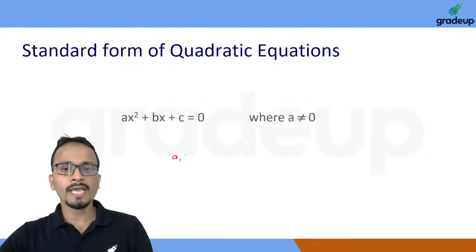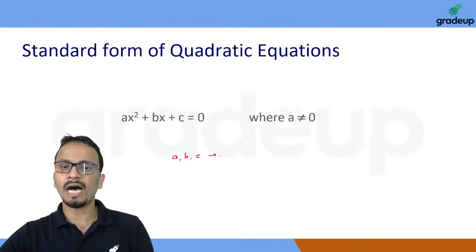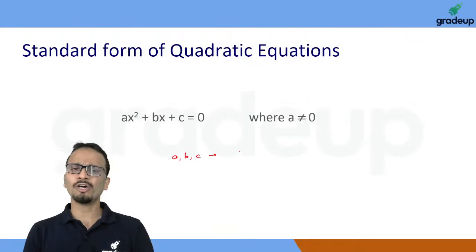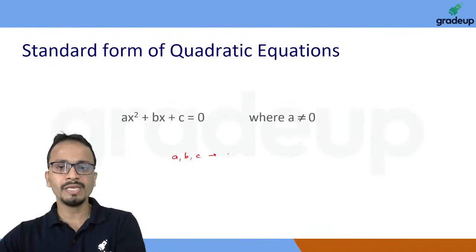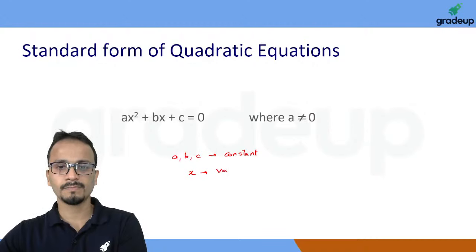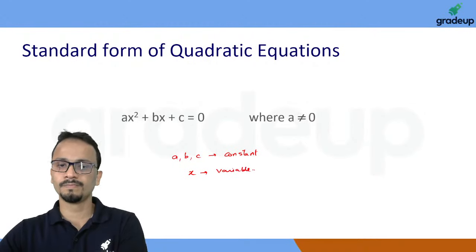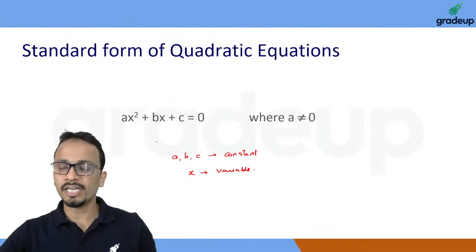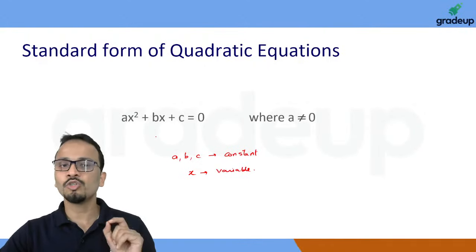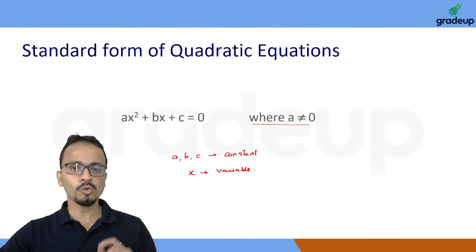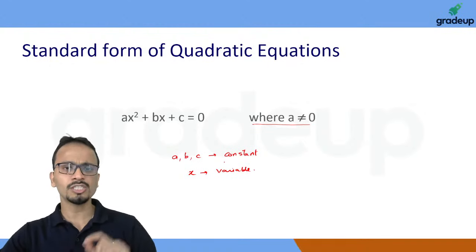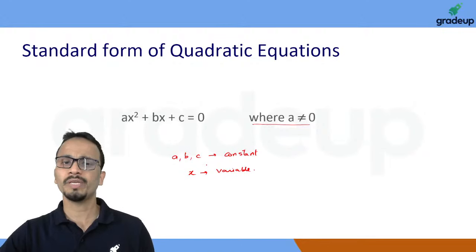In this case, a, b, and c are the constants. They can be any real numbers. As I mentioned, a, b, and c are constants and x is the variable. One of the most important conditions for this equation to be a quadratic equation is that the value of a cannot be 0. a, b, and c are any three constants provided the value of a is not equal to 0.